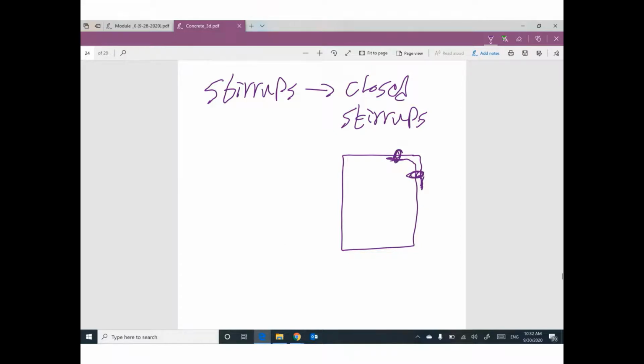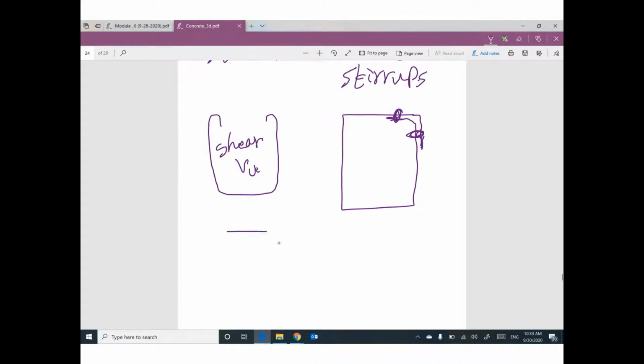Because your stirrups cannot be like this. This one is good for shear, for V ultimate. Or like this. This one is also good for shear, V ultimate, like we covered last time.